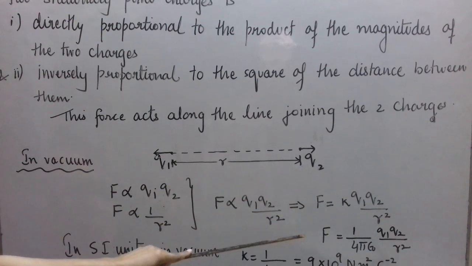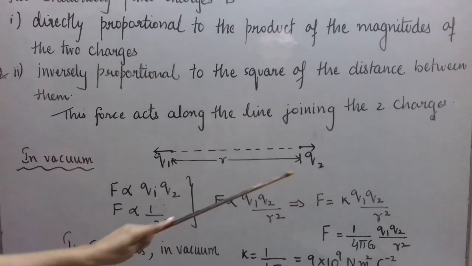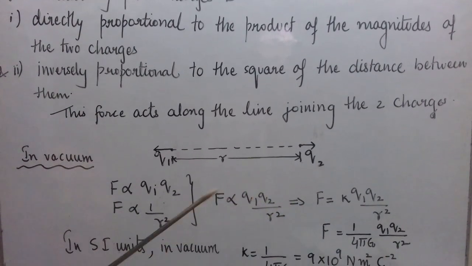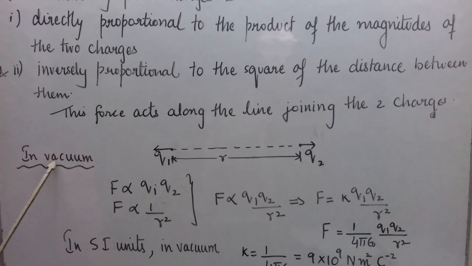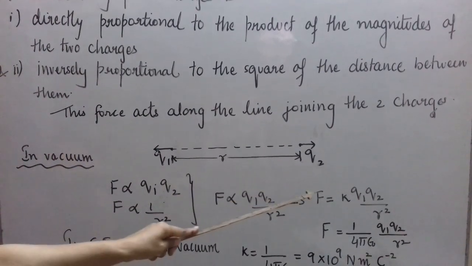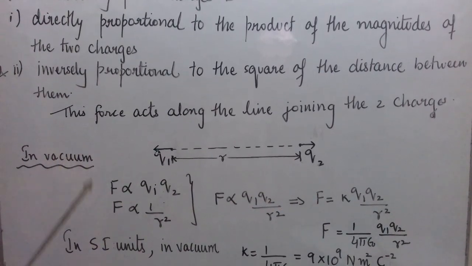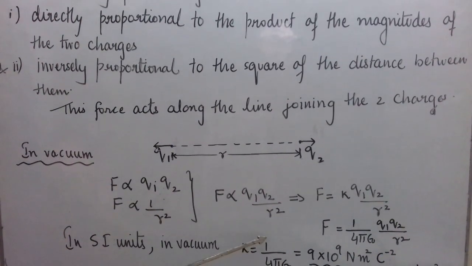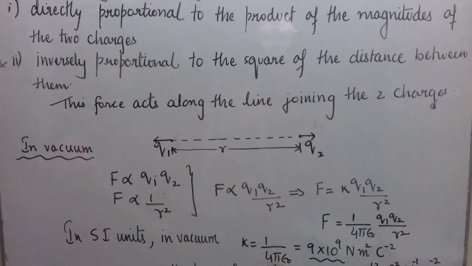What is K? K is the constant of proportionality. And in vacuum, in SI units, we have considered vacuum already, right? So K in vacuum and in SI units is 1 upon 4 pi epsilon naught.